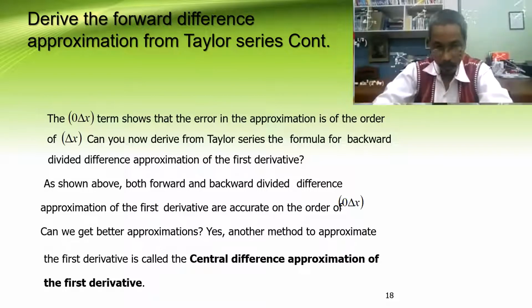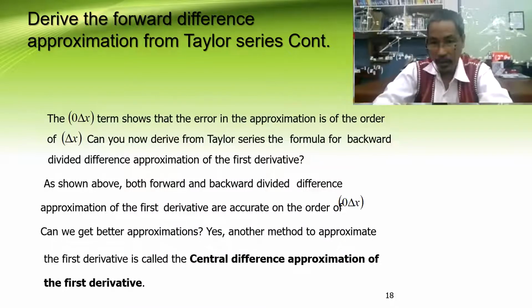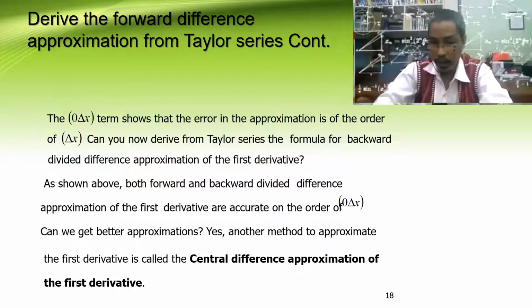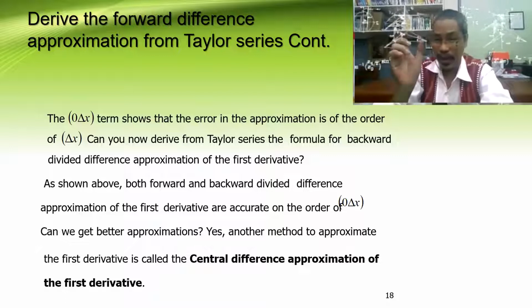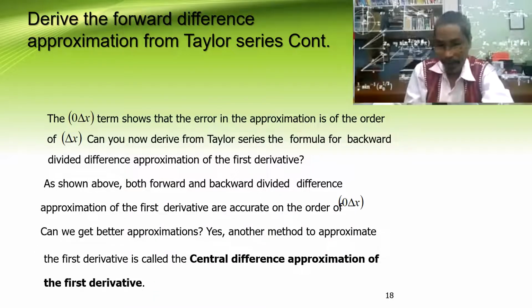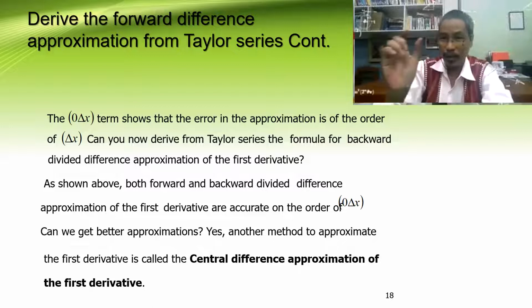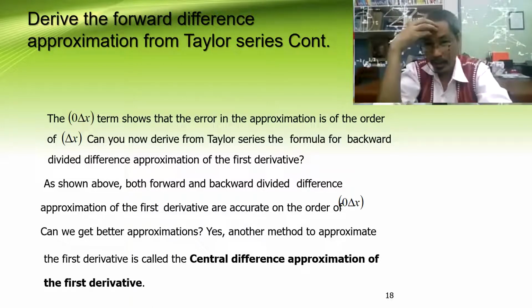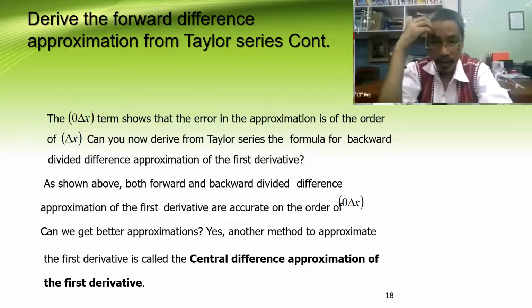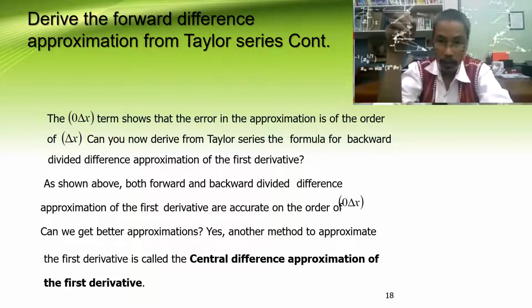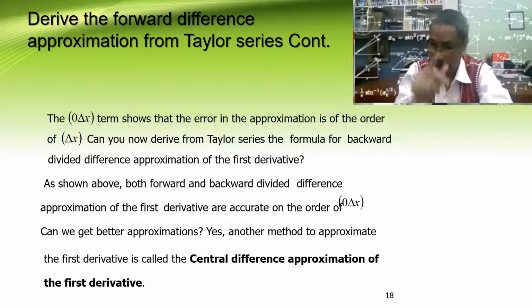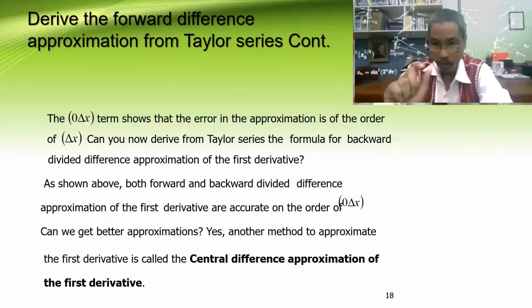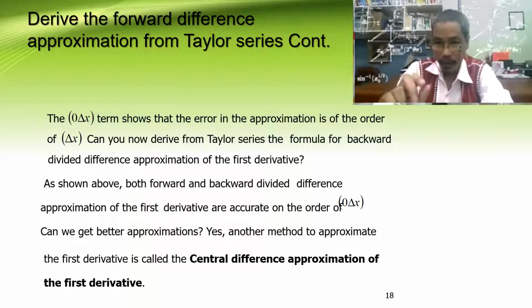Meaning the error is a function of delta x, which is small because delta x is just a small finite value, and we can choose delta x as small as possible.